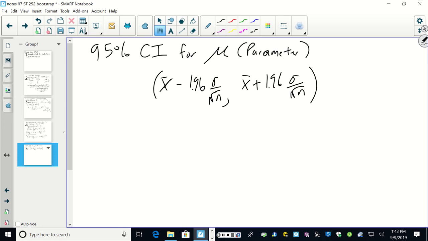The idea is that this gives us one interval, and maybe this interval contains mu. We think of mu, the parameter, as a constant.